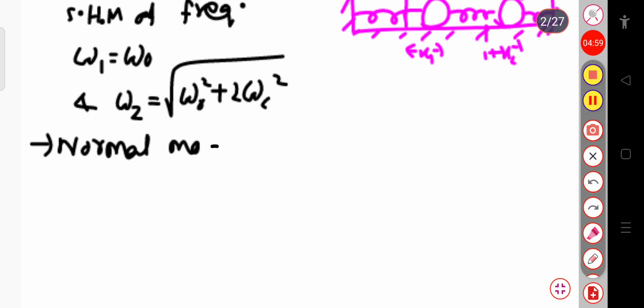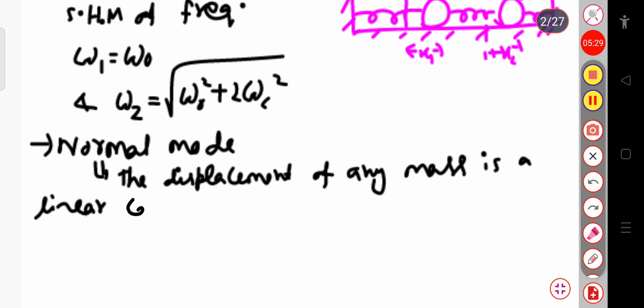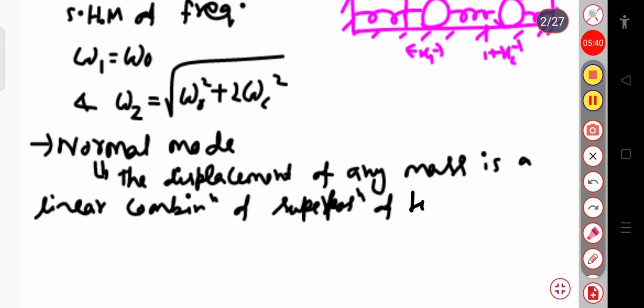Normal mode of vibration means that the displacement of any mass is a linear combination, or superposition, of the two modes, that is capital X1 and capital X2 oscillating simultaneously.